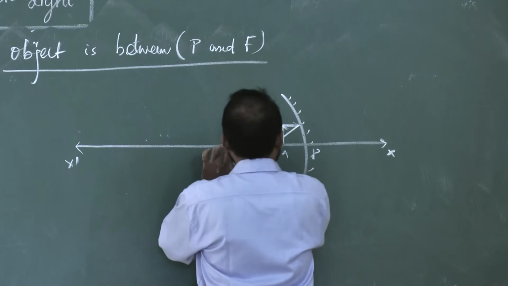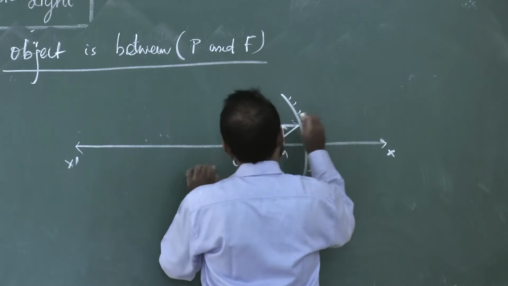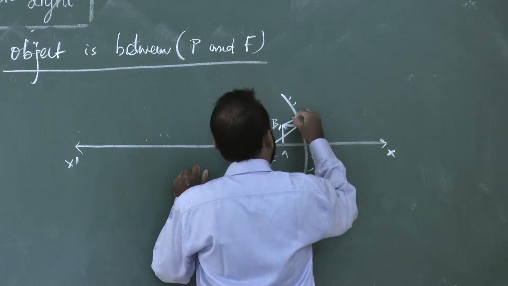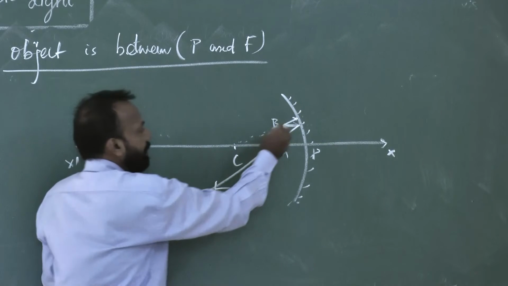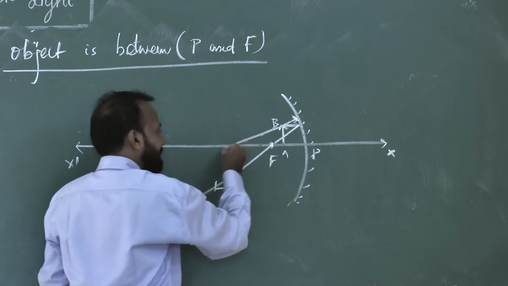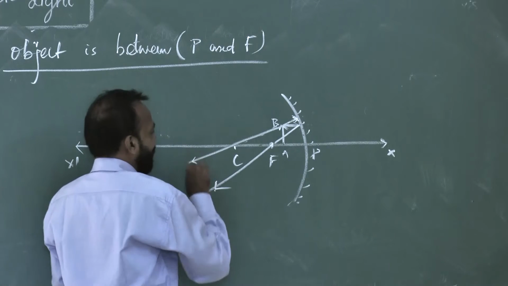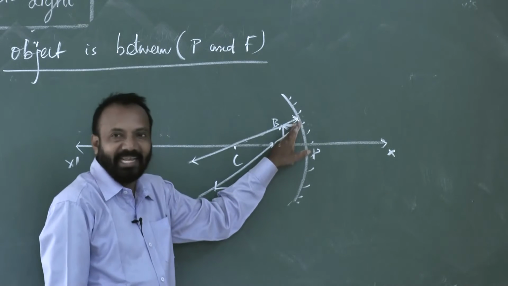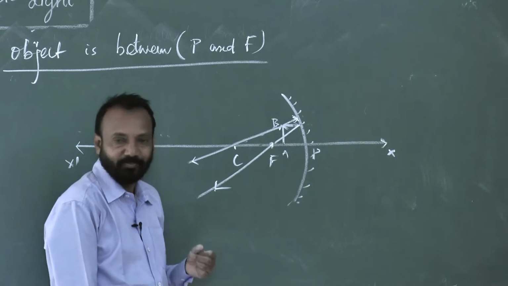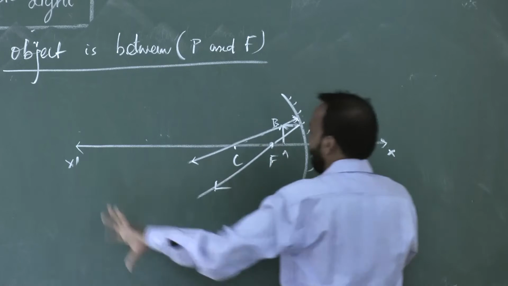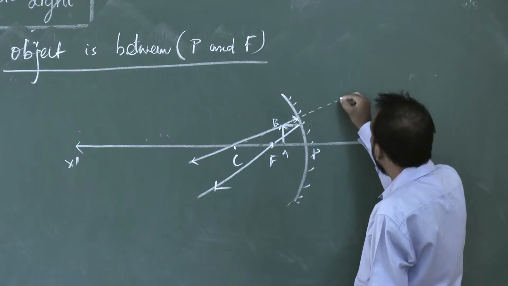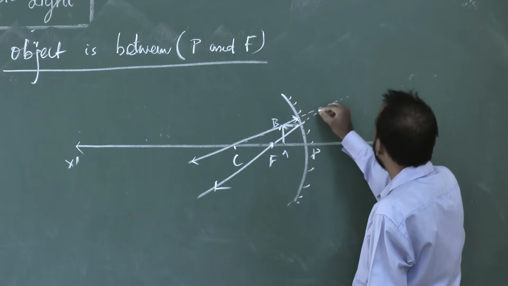Then one more ray is incident on the mirror, and it passes through the center of curvature, returning back, which means the incident ray falls at 90 degrees. Now you see these are the reflected rays. Now they appear to meet on the opposite side of the mirror.